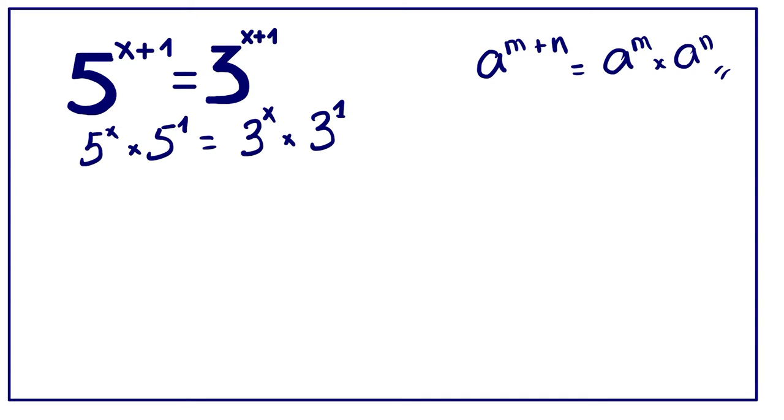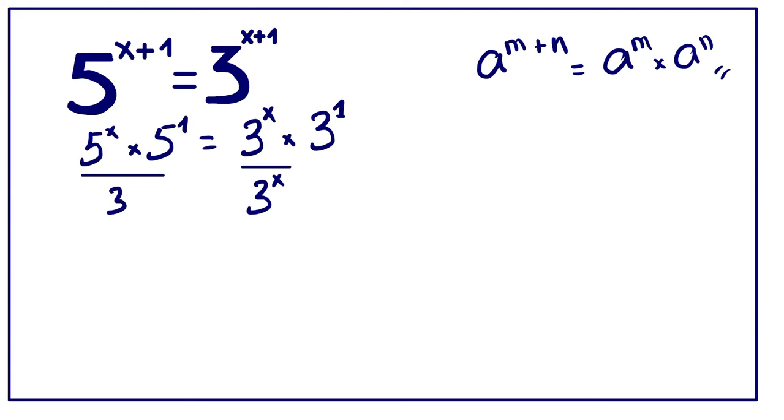The next step, as I said, we are going to use some logic. The next step is to eliminate this 3 to the power x here. The only way to do it is to divide all through by 3 to the power x. The reason why we are doing it is that we want to bring all the like terms together.